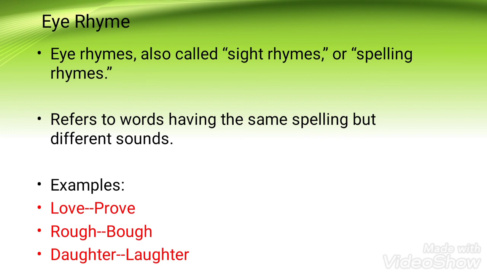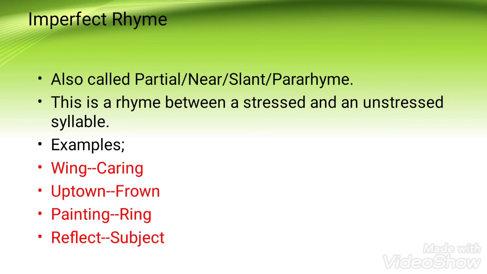So next let's move to the last rhyme, and that is imperfect rhyme. It is also called partial, near, slant or para rhyme, and this is a rhyme between a stressed and an unstressed syllable. That's what is called imperfect rhyme.